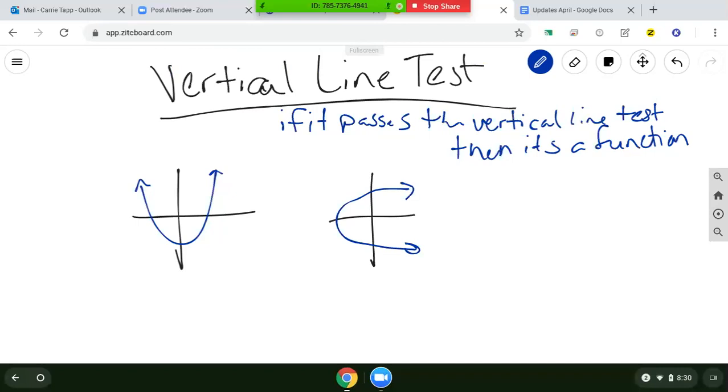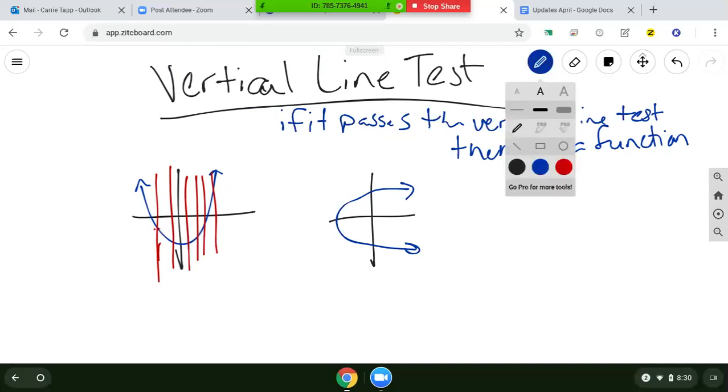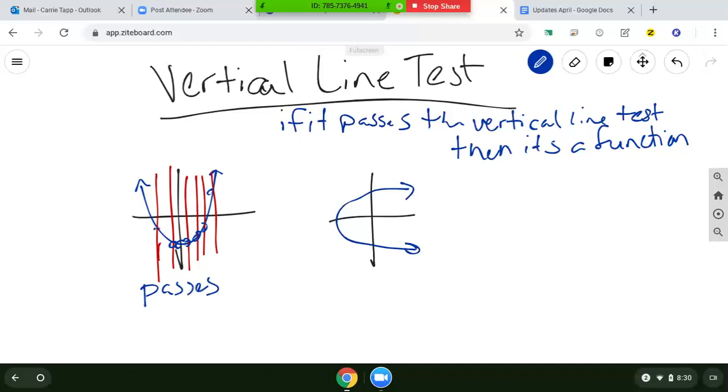You're going to draw vertical lines, or when I learned this, I used a pencil, and you hold your pencil this way, and as you move your pencil left and right, just like you're reading a book, if it only goes through the line in one spot, here, here, here, it only goes through one spot, then this passes the test. So the equation here is a function.